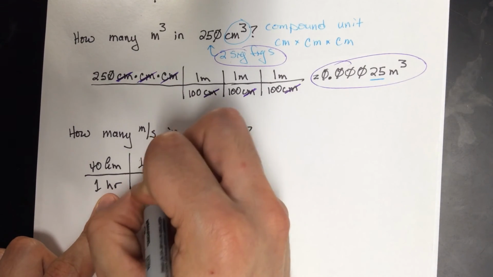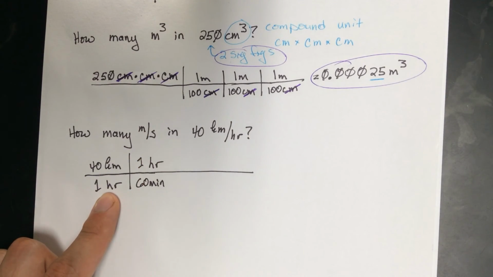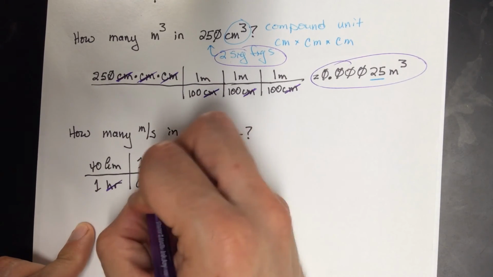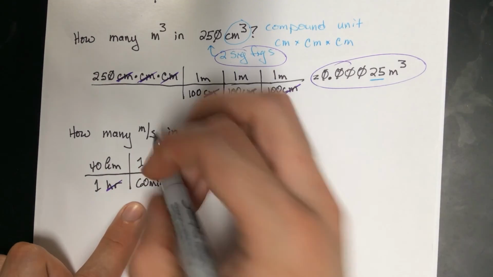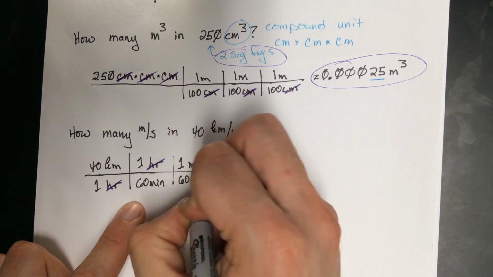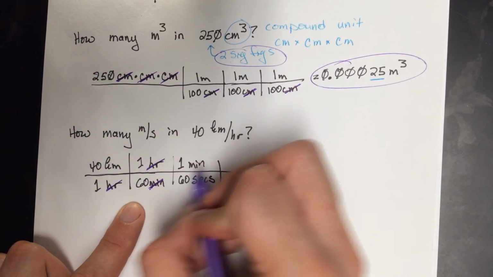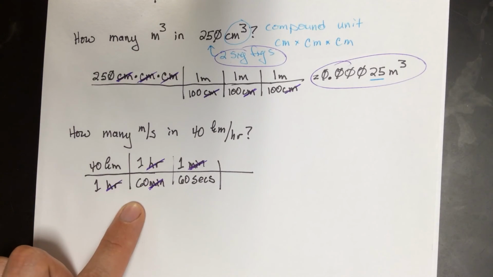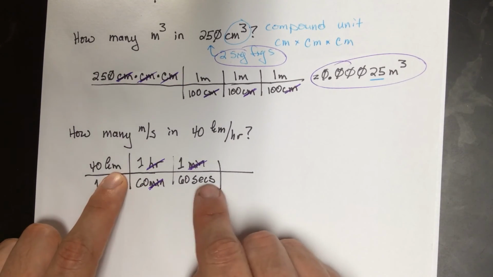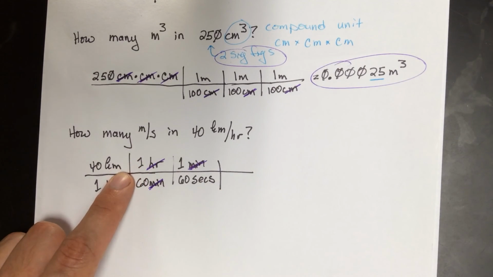So for every 1 hour, there are 60 minutes. And when I write in that ratio, I will cancel out hours. Then for every 1 minute, there are 60 seconds. And when I write in that ratio, I will write it so that minutes cancel. So right now I have kilometers per second. And now I just need to change the kilometers into meters.